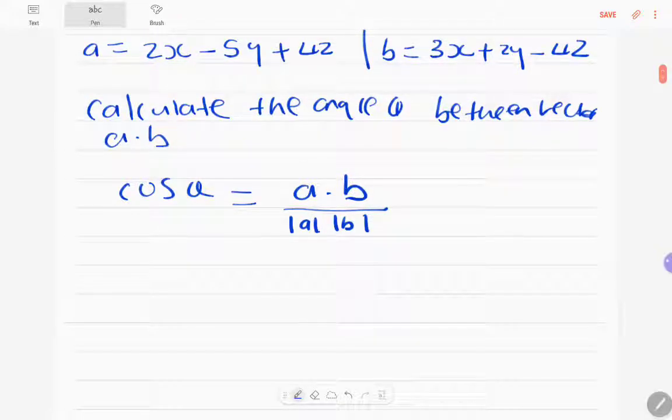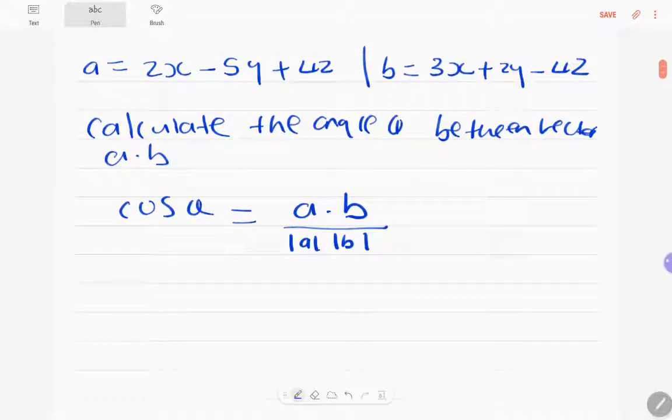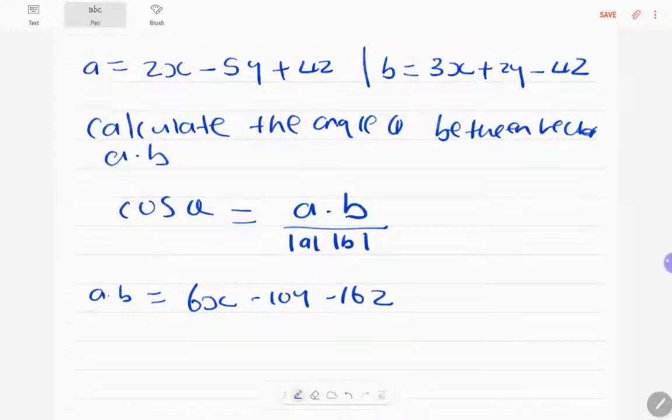So first, let us find A dot B. We found it previously, but let's redo it. 2 multiplied by 3, you'll have 6x. 5 multiplied by 2, we have minus 10y. 4 multiplied by minus 4 is minus 16z.